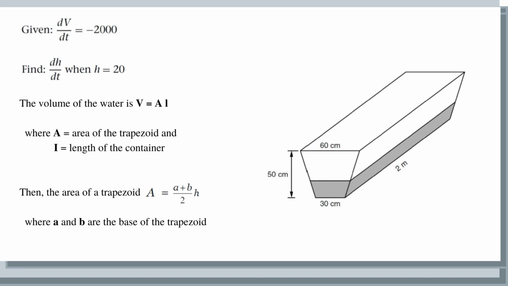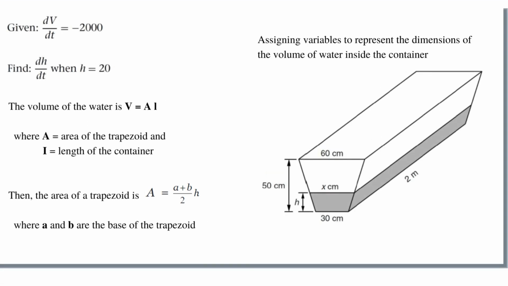This formula uses A and B for the bases and H for the height. But in calculus, we avoid using A and B since these are commonly used for the constants. Hence, when we assign variables, we normally use x, y, or h.